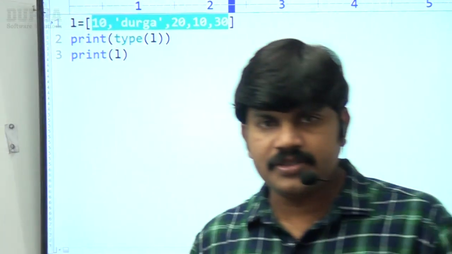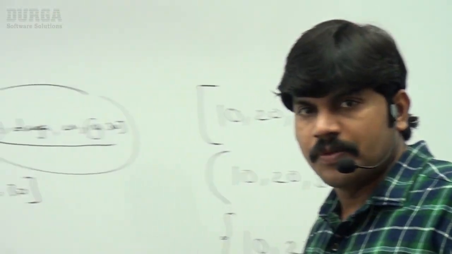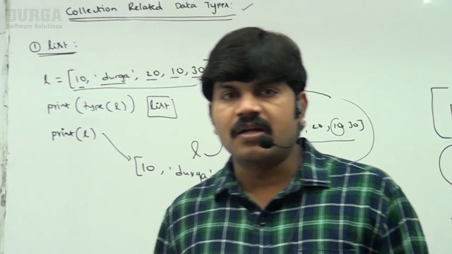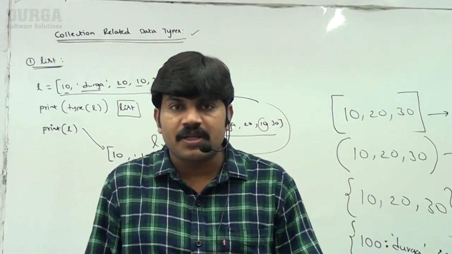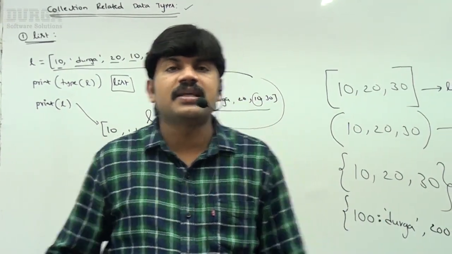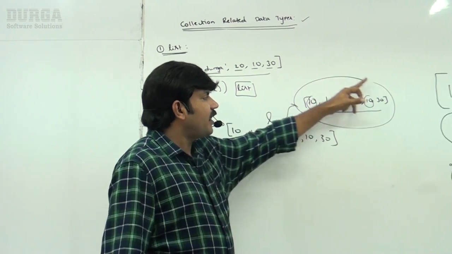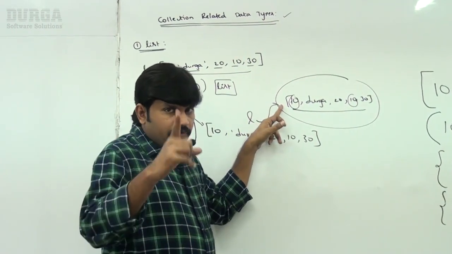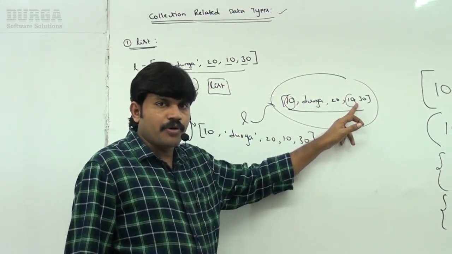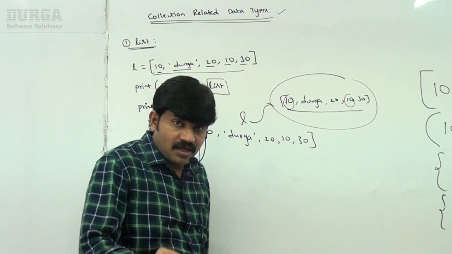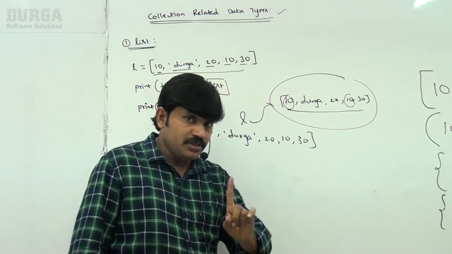So, friends, the terminology is very clear for you. So when should we go for the list concept? If you want to represent a group of values as a single entity, where order is important and duplicate objects are allowed, then we have to go forward with the list concept.